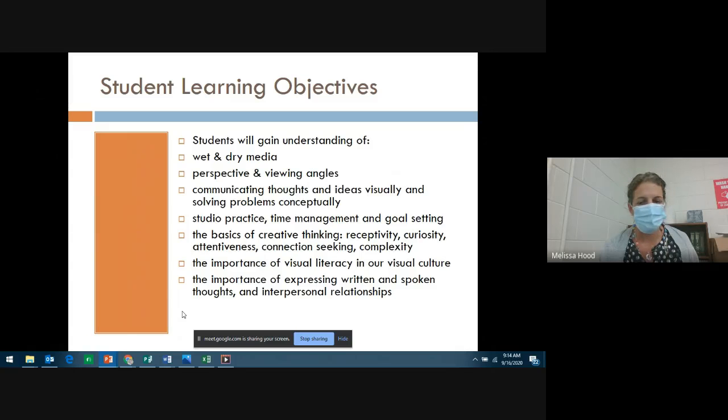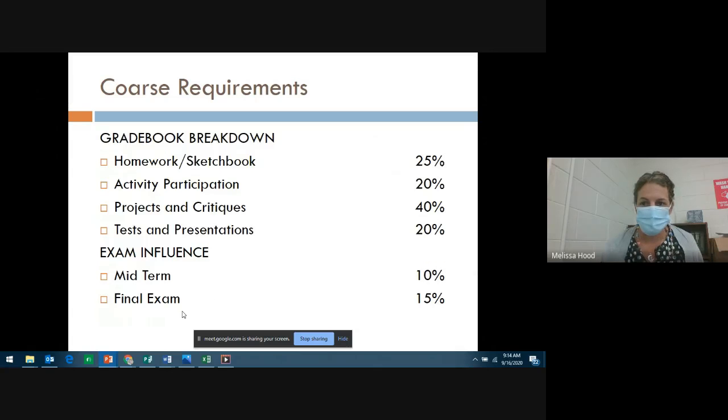And what can I do to create something that I'm going to be happy with at the end of the day? And then we talk a lot about visual literacy, which is the idea of communicating with our viewer through our art, and also just the importance of the arts in our culture and within even our interpersonal relationships.